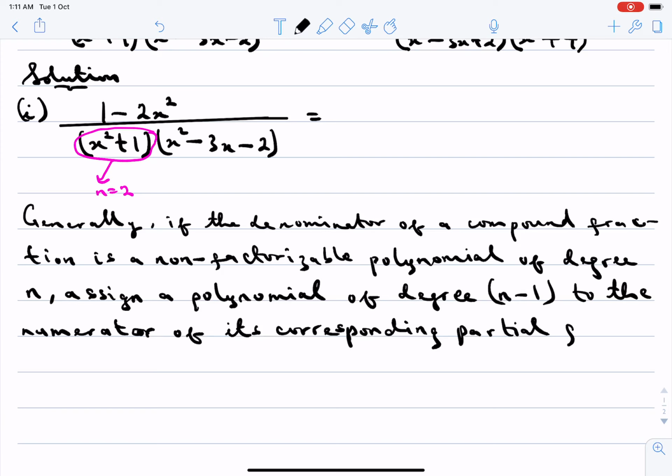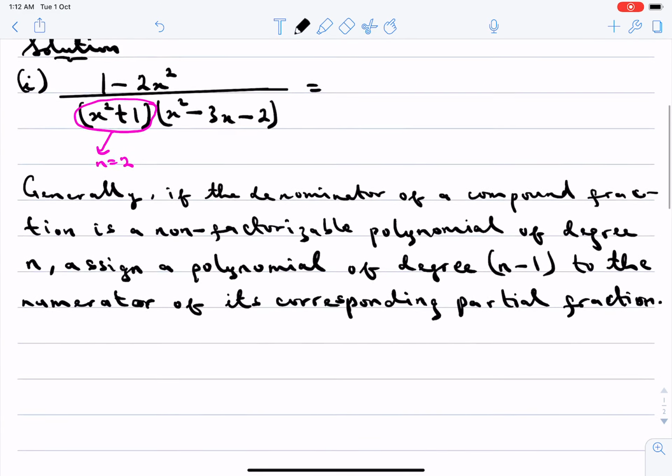That simply means if the denominator is a non-factorizable polynomial of degree 3, the numerator of its partial fraction will be a polynomial of degree 2. If it's a non-factorizable polynomial of degree 2, the numerator of its partial fraction will be a polynomial of degree 1.